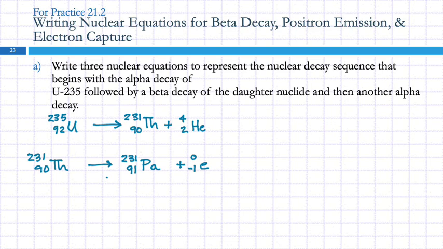The third one then, we're going to take the daughter, the product of that one, and do another alpha decay. So we write in the alpha particle symbol here, right, and look at our numbers. So 231, something plus 4, so 227. Some days I can do math like that in my head, and other days I can't.